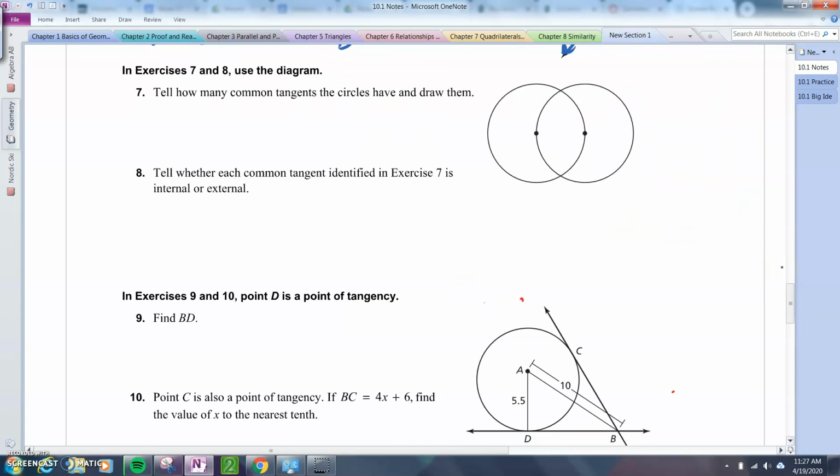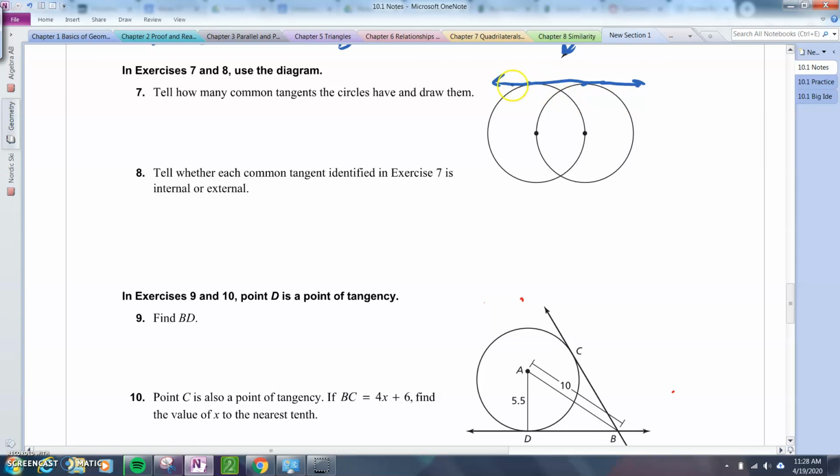So tell how many common tangents the circles have and draw them. Alright, well, remember, a tangent line can only hit the circle at one point. I can see there's probably going to be some sort of tangent line that hits both of these circles up there somewhere.